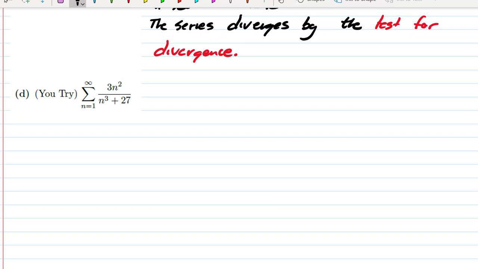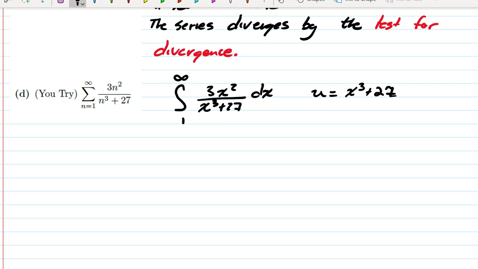All right, so now it's time for your try. The a_n's in this case are always positive, so let's just jump right to our integral from 1 to infinity of 3x squared all over x cubed plus 27 dx. Once again, it's going to be a u substitution. So u equals x cubed plus 27, and du is equal to 3x squared dx. So we change our limits of integration.